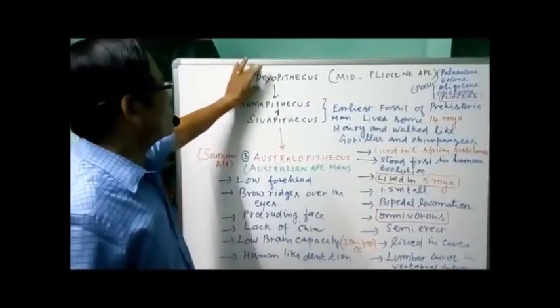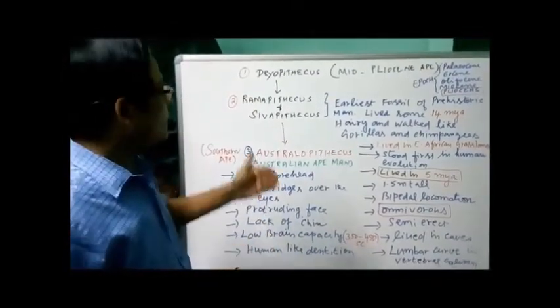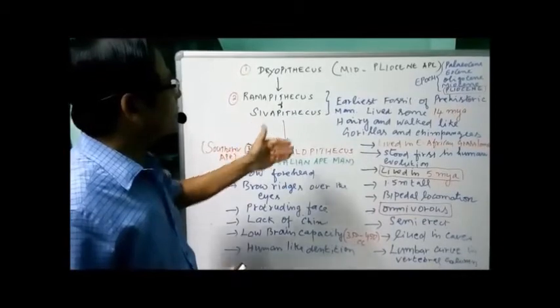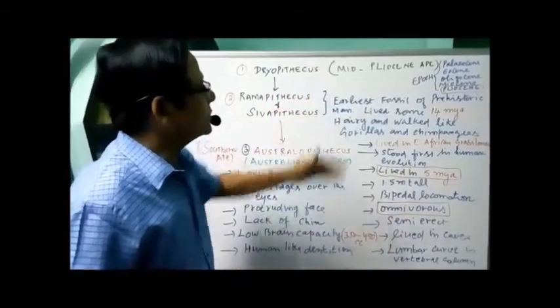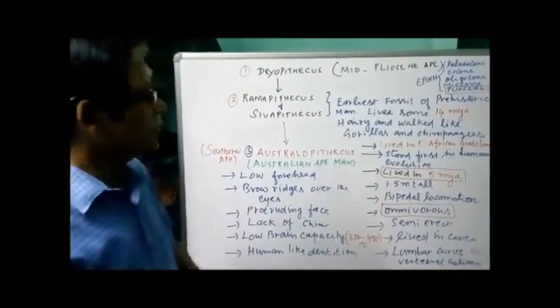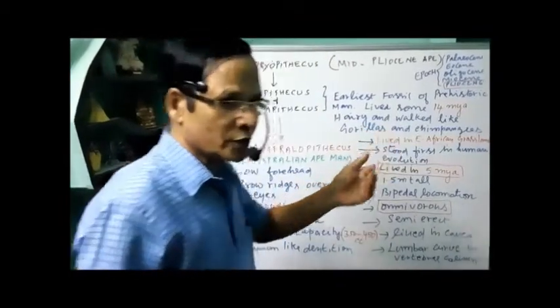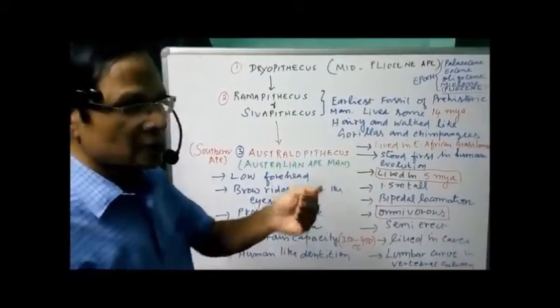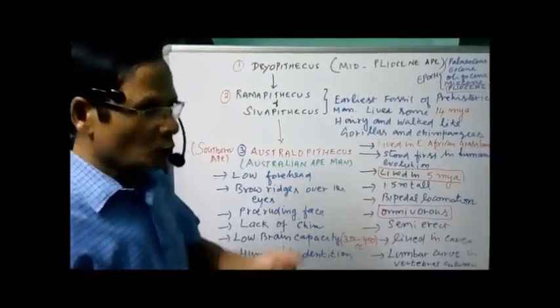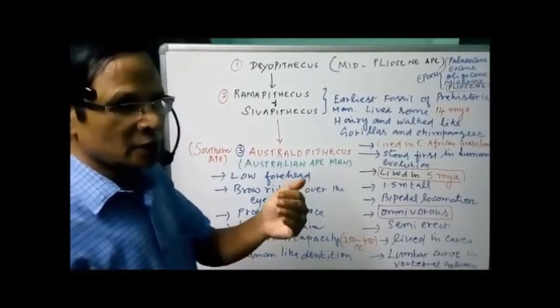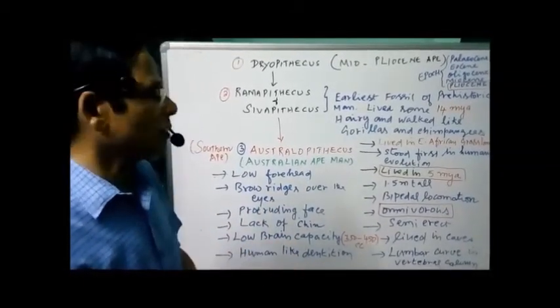Now I start with Dryopithecus. He lived nearly during the Miocene epoch. If you take the various geological time scales, we have eras, periods and epochs.